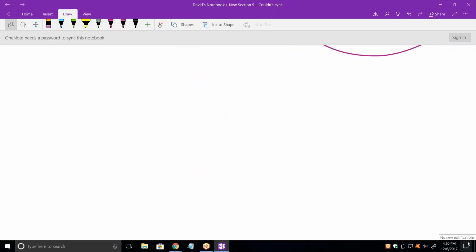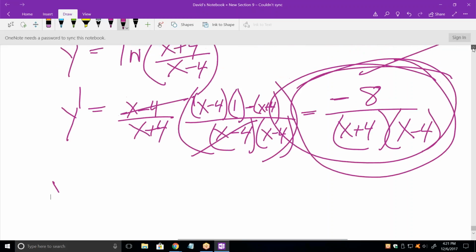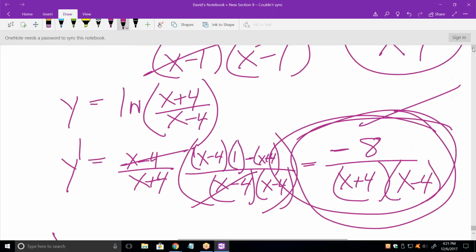What else? Oh, also on that last one, it also said determine the intervals on which the results are valid. Well, which points don't work very well in our answer?